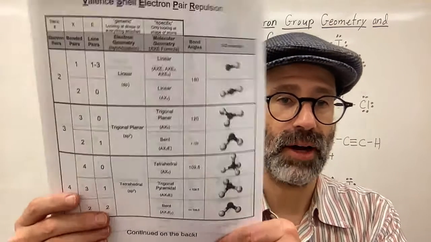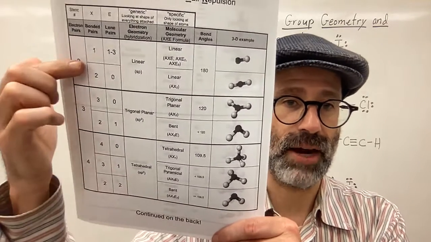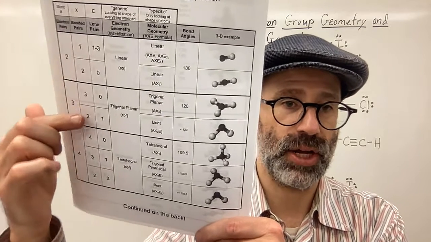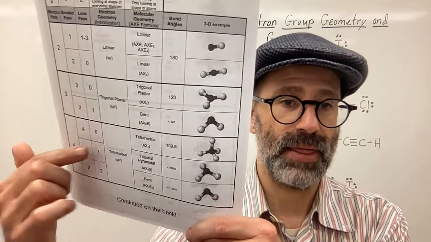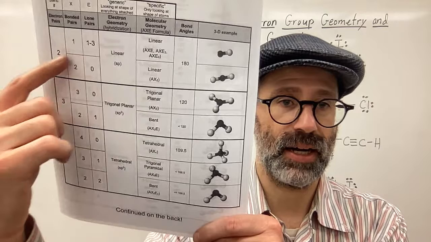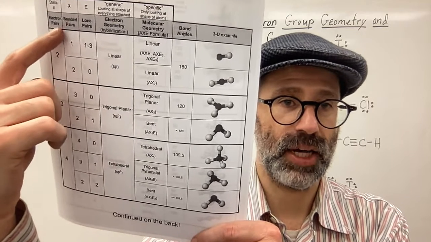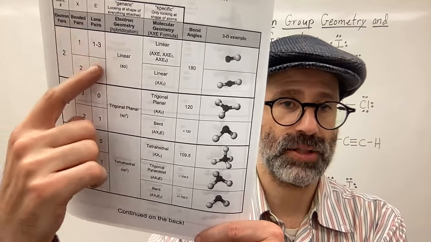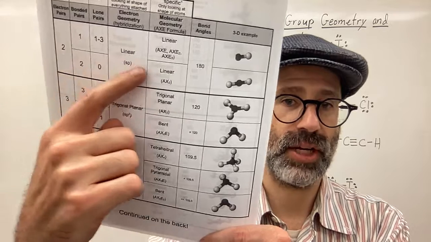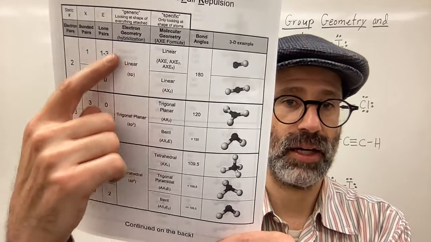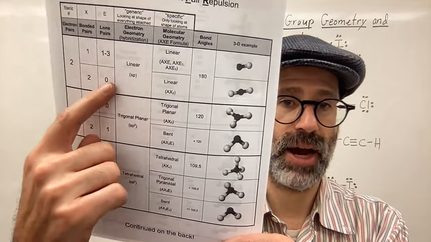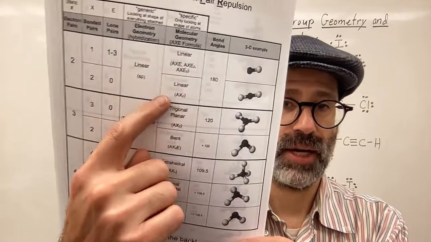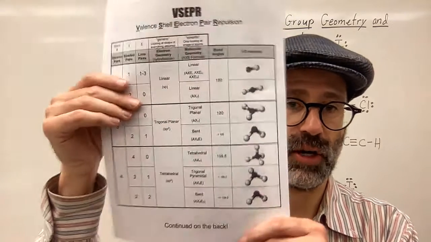So on this table, you have the total electron groups, so 2, 3, 4, and then it divides it up between bonding groups and non-bonding groups, or lone pairs. And so based on that, you can determine what kind of electron group geometry you have and what kind of molecular geometry you have.